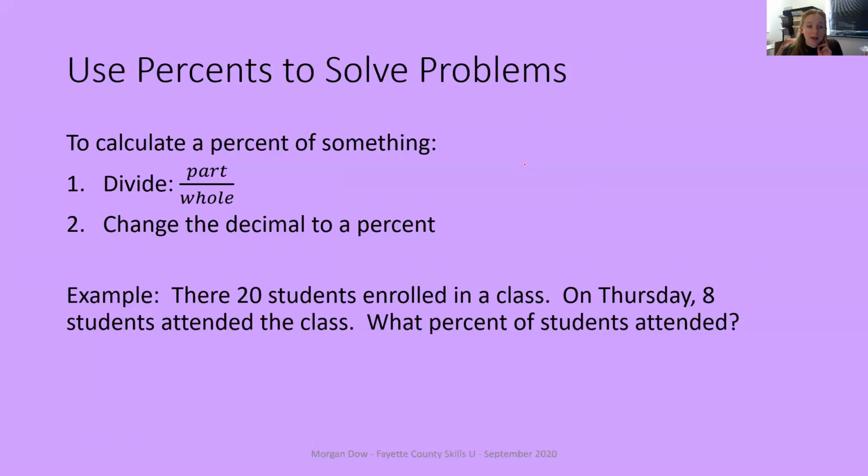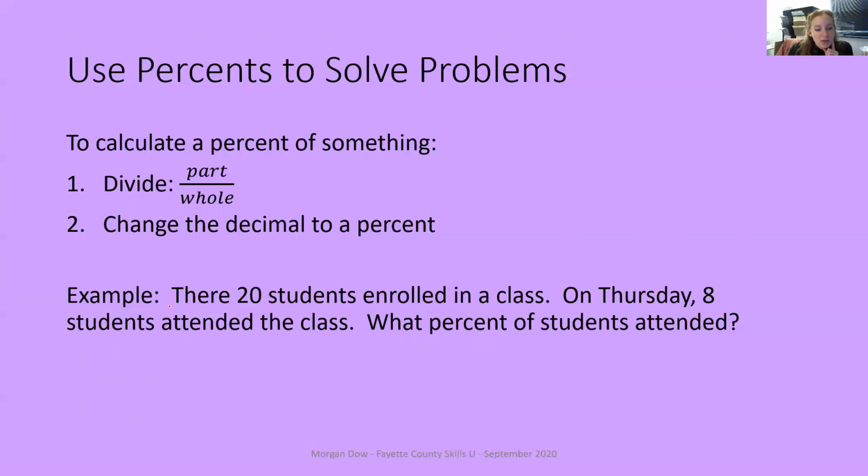So if I say, what percent is 8 out of 16, you would just do 8 divided by 16, right? So we said a percent is really just talking about a part of a whole. So to calculate a percent, you can take your part divided by your whole. That will give you a decimal number, which you then change to a percent.